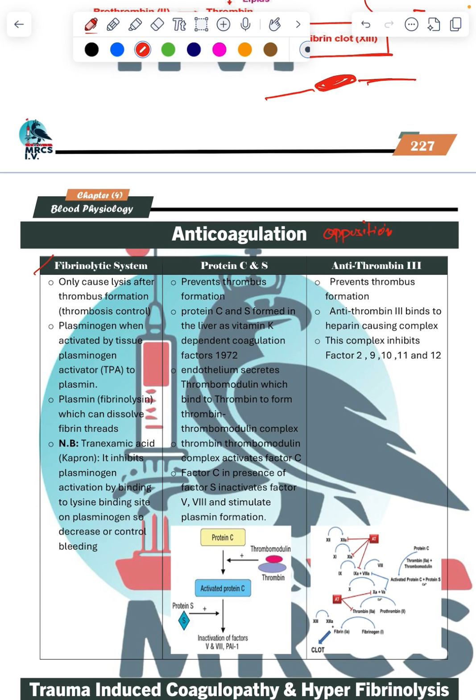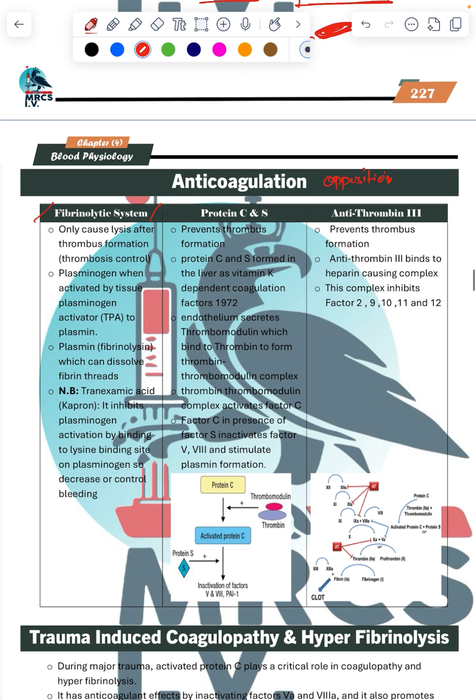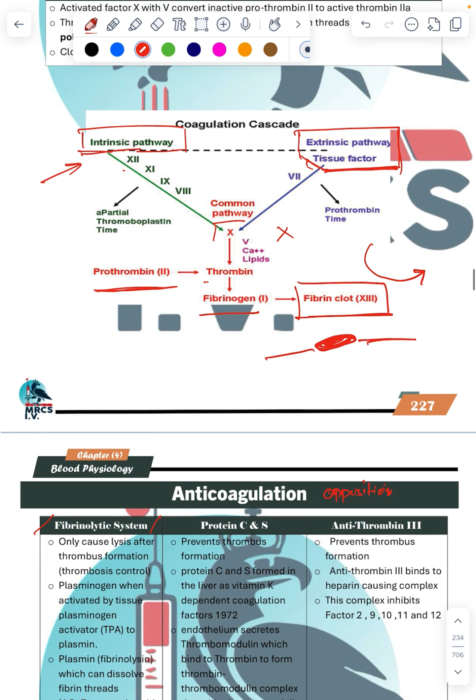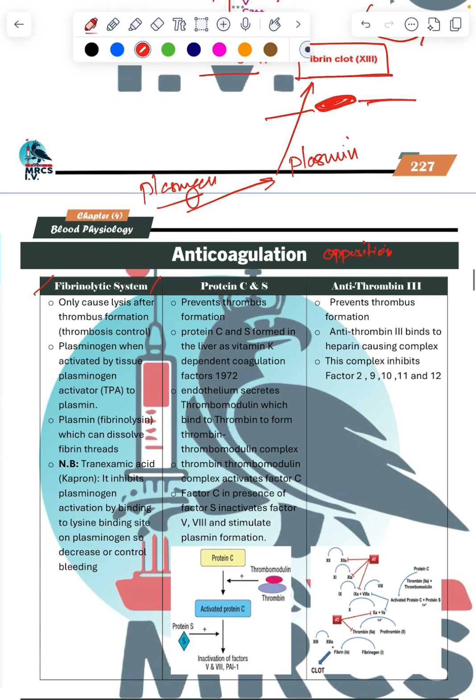fibrinolytic. Fibrin is destroyed. Lysis of the thrombus formation, that is plasminogen when activated by tissue plasminogen activator to plasmin. Here is the action of plasmin. So plasminogen is converted to plasmin, and this plasmin causes fibrinolysis.